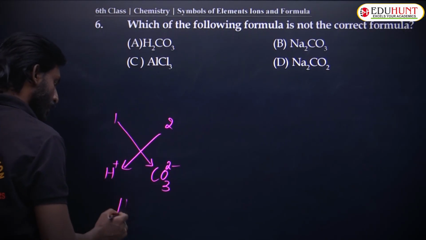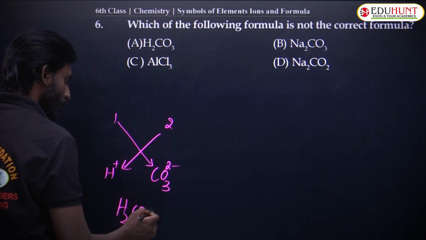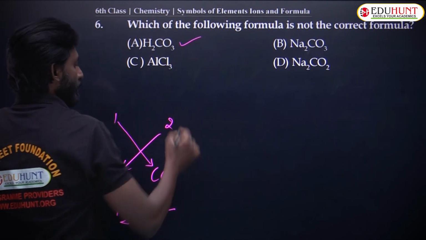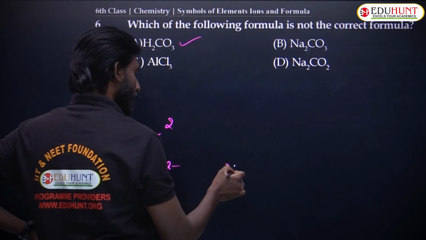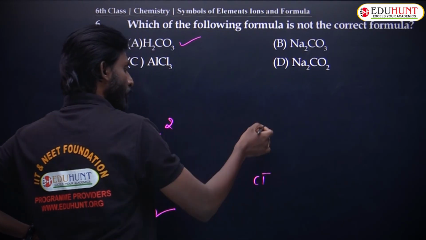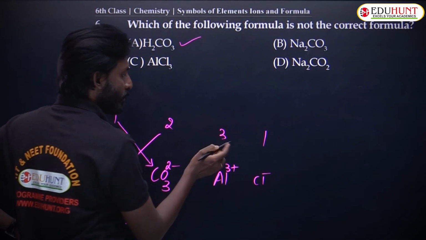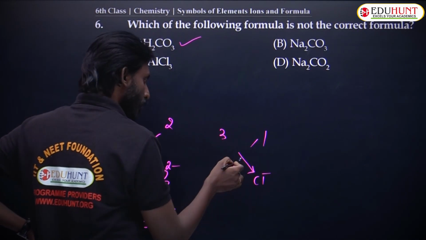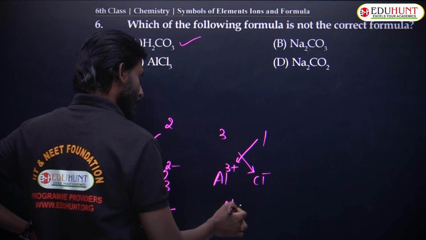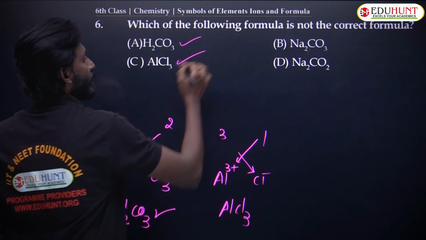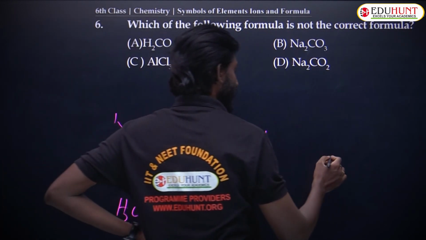That means H2CO3, correct. Like that, Al3 plus, Cl minus. How many units of charge? 1 unit charge. How many units of charge? 3 units charge. You need to take 3 chlorine and 1 aluminum. That means AlCl3, correct.